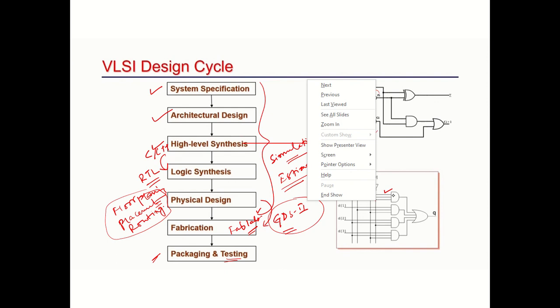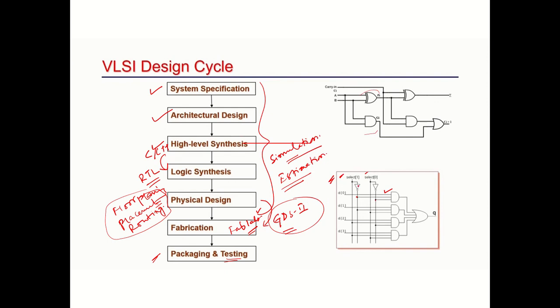These two give us select 0 equals 0, select 1 equals 0. As it is passed through the inverter, it becomes 1 1, and you are giving this D0, so you will get this particular output. Later, when select 0 and select 1 equal 1 1, automatically you will get D3.